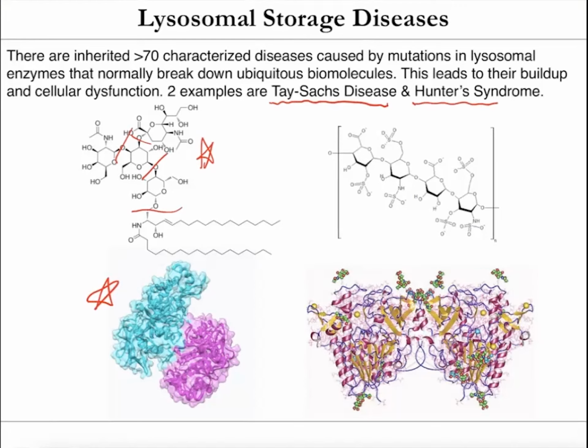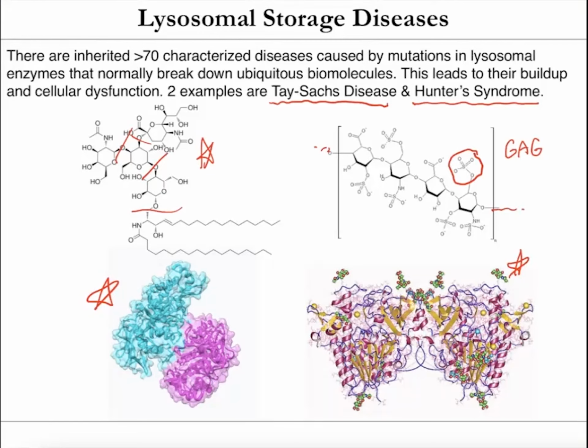Another one is Hunter syndrome, which is the result of a mutation in this enzyme right here. And now your body's not able to break down these molecules called glycosaminoglycans, or GAGs, and the most famous ones are like heparan sulfate, which you might have heard of. These are really long carbohydrate-based molecules that have negatively charged sulfur groups and are involved in the extracellular matrix in your cell. So if your body can't break these down, again, it causes really bad diseases.